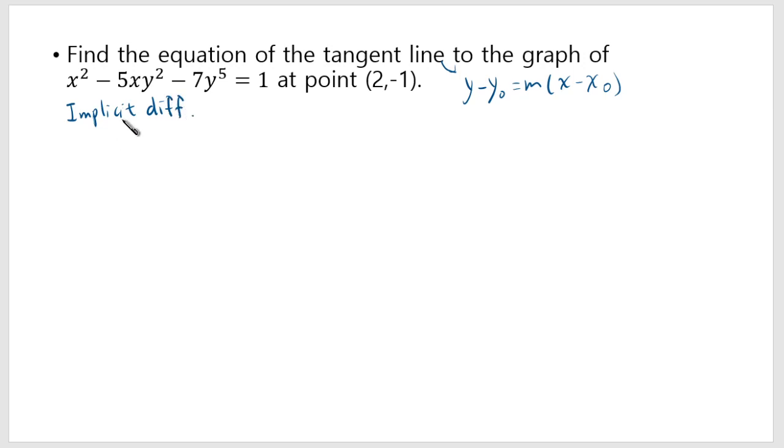Implicit differentiation means that you differentiate everything as a function of x. So you differentiate everything with respect to x. And that's important because there are two variables here, x and y, right? So you're trying to differentiate by x while realizing that y is really a function of x.